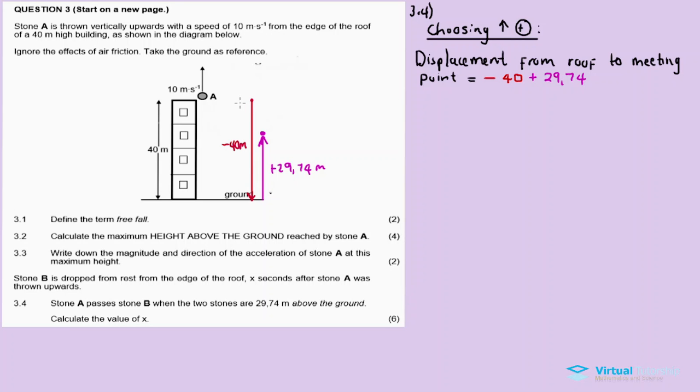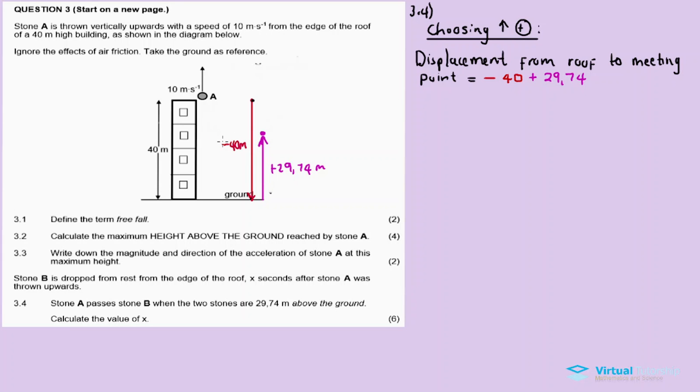In fact, both stones are going in the downward direction. So the path both stones A and B will travel is from this point all the way to the ground. The height of the building represents the displacement for both stones, so it's going to be minus 40 meters, since from the top to the ground I'm going in the negative direction.